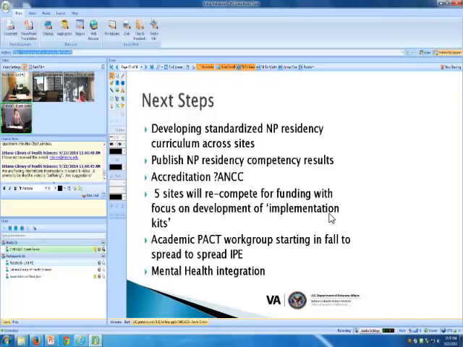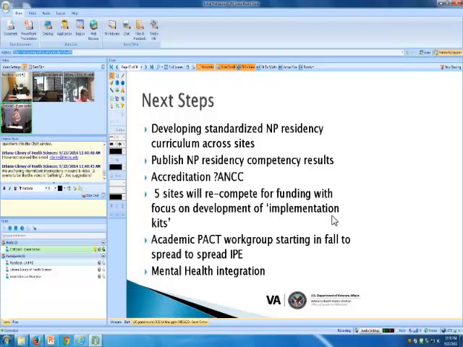So the 5 sites are getting ready to recompete. We're writing the next phase of the RFP. And we're really going to focus on development of implementation kits that can be taken to other VA sites, outside VA sites, to implement some of the things that they have put together. We're standing up a work group that's going to start soon.